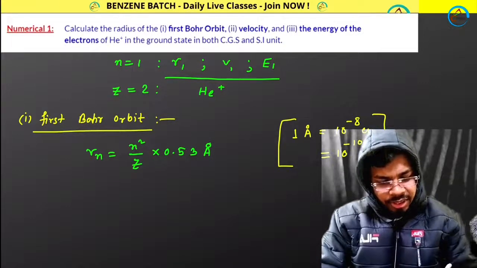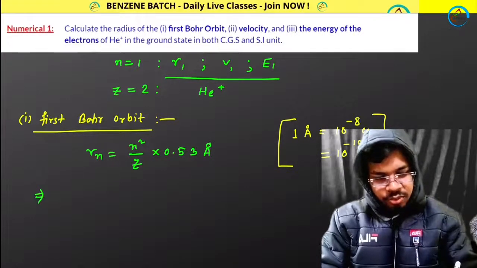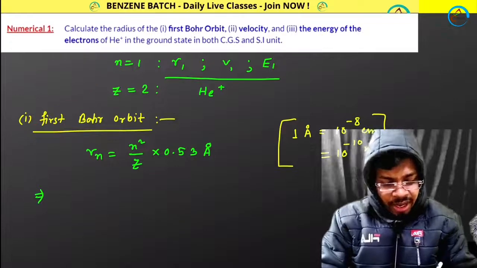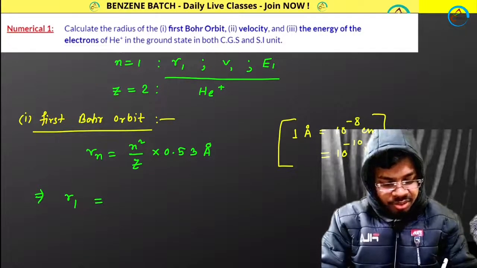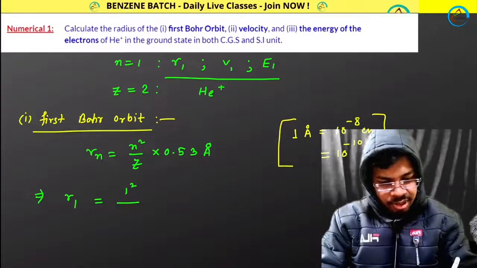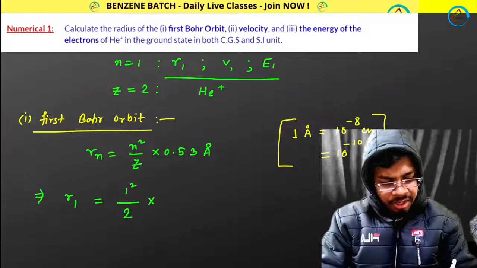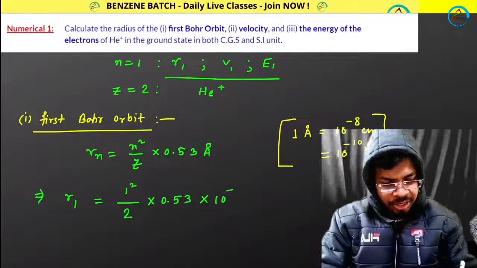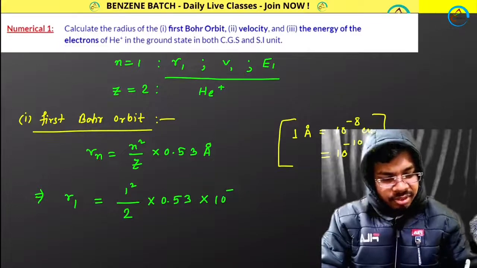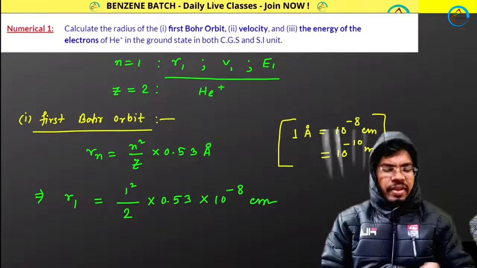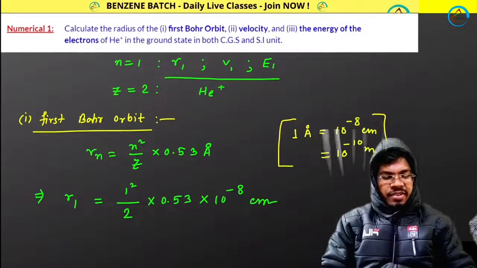Now I am putting the value. It is the first Bohr orbit, that means n equals 1, so it will be my R1. n square, 1 square, divided by the Z value. For helium plus the Z value will be 2, the number of protons, multiplied by 0.53 multiplied by 10 to the power minus 8. I am doing it in centimeter, I mean CGS. Look at this, it's not very complicated, it's very simple.